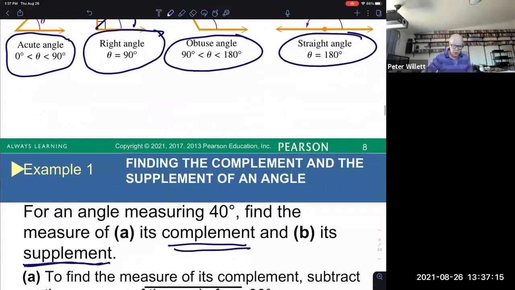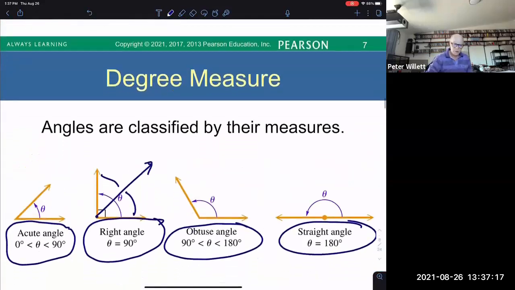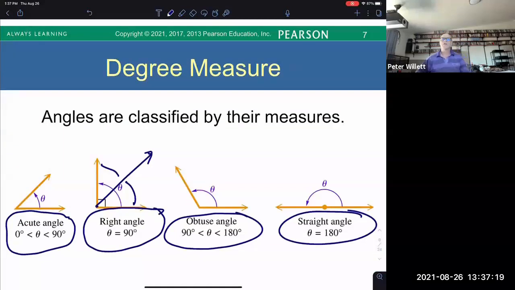And this word complement is those two angles. So basically two angles are complements if you put them next to each other and they add up to a right angle. And anytime you take a right angle and split it, the two angles that you get are complements. So it could be 80-10, 70-20, any two angle numbers that add up to 90.